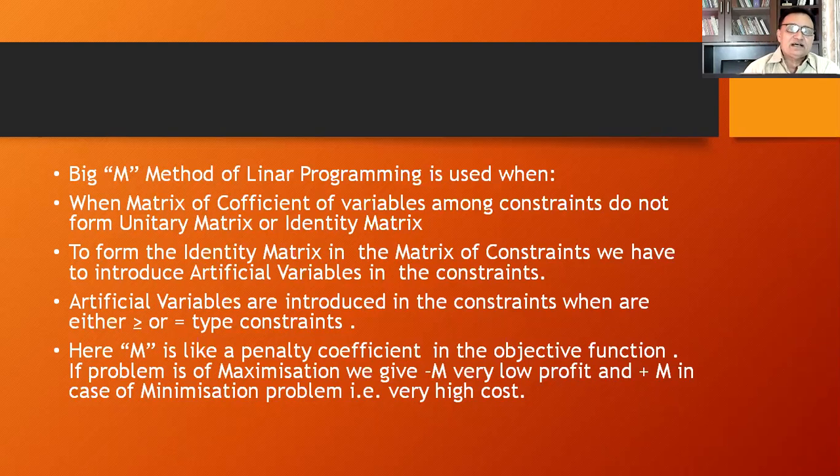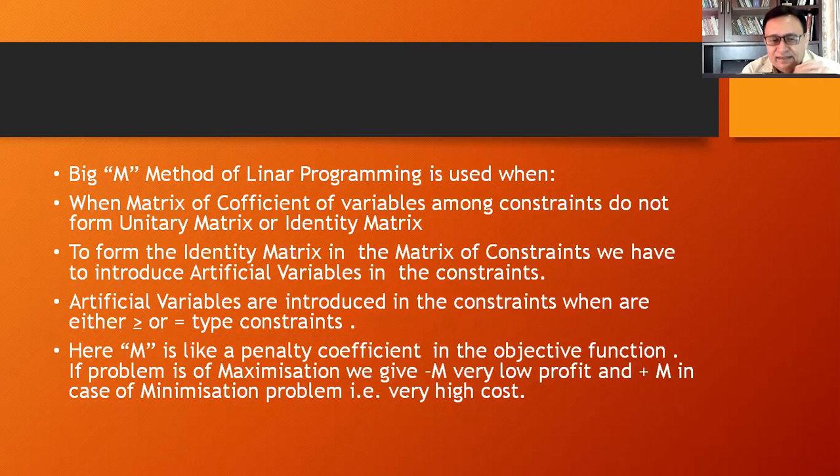So we introduce the plus M and minus M in the objective function, and similarly to the artificial variable, we give the coefficient M in the constraints, so that this high penalty which is introduced as a coefficient to the artificial variable is out of our basic feasible solution, and we get the optimal solution.